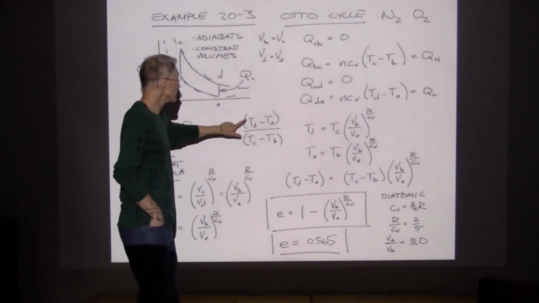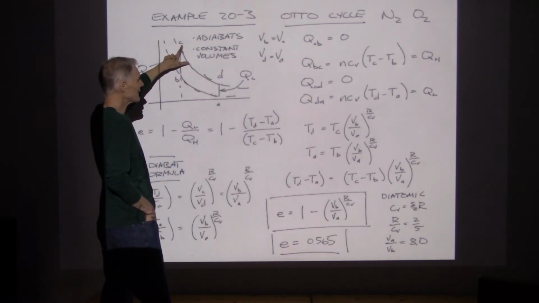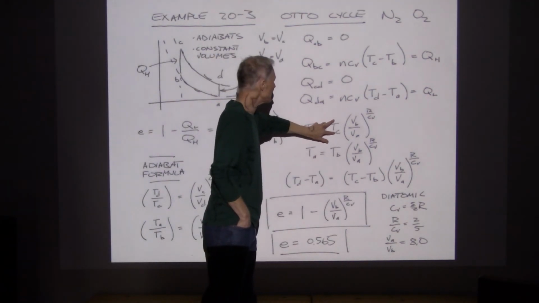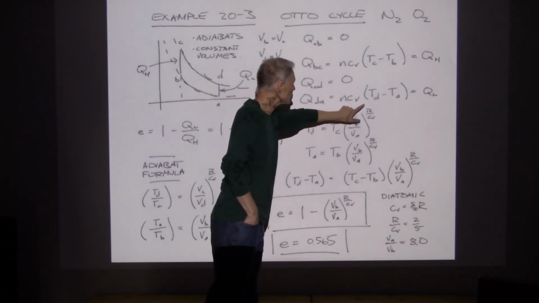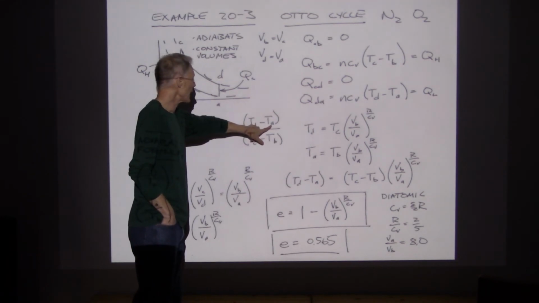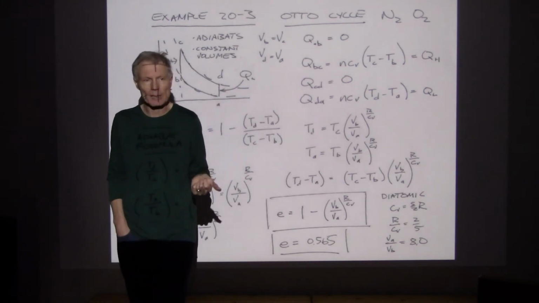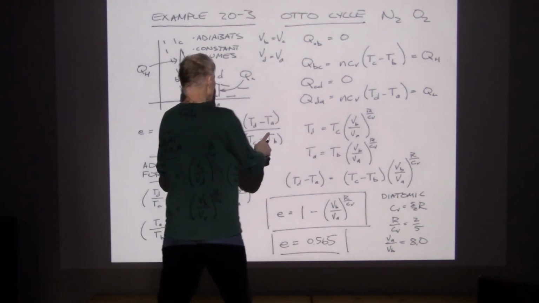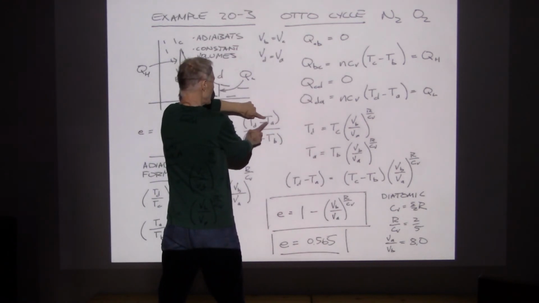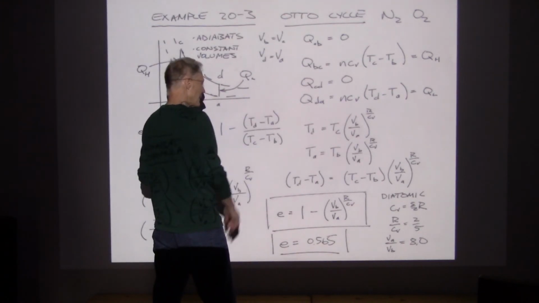So that's what I did. I took the TD, and the other side of that adiabat is temperature C. So I was able to write TD as TC times this ratio of volumes to the R over CV. Now I did the same thing with temperature A. Temperature A could be rewritten in terms of temperature B. So I got temperature D rewritten in terms of temperature C, and TA rewritten in terms of temperature B, and so the temperatures cancel out.